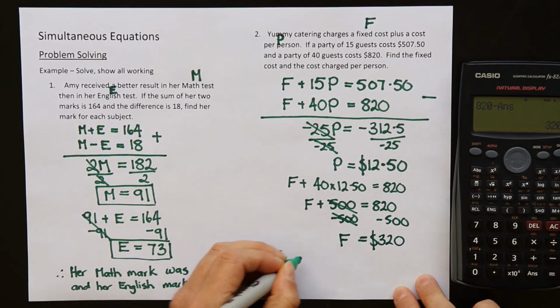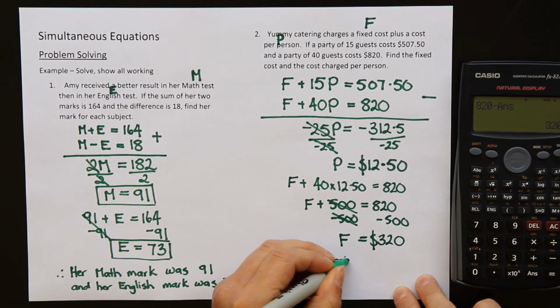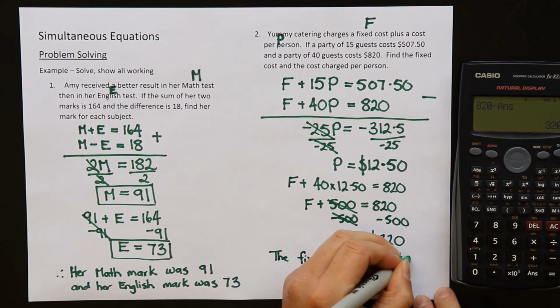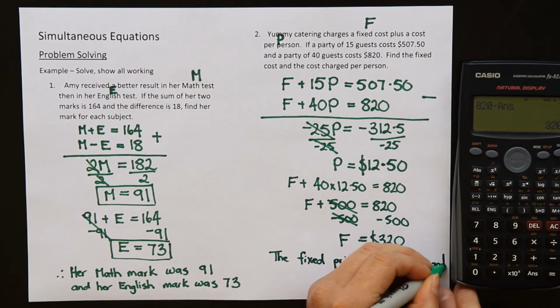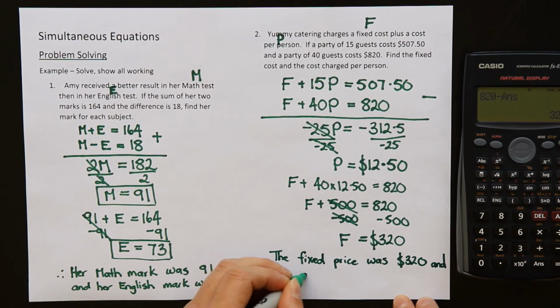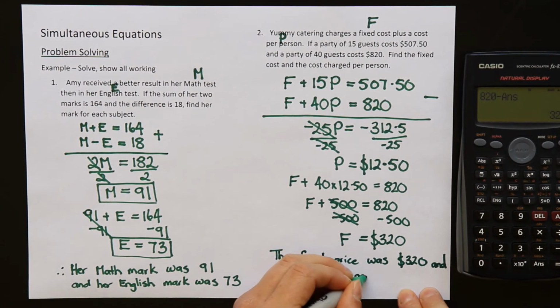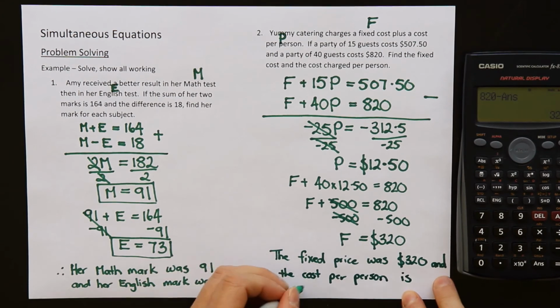The fixed price was $320 and the cost per person is $12.50.